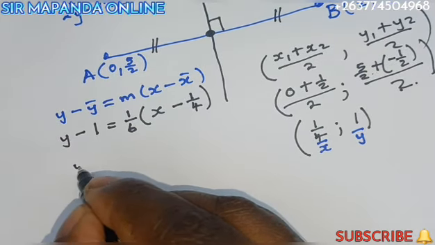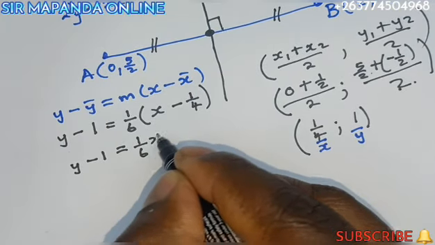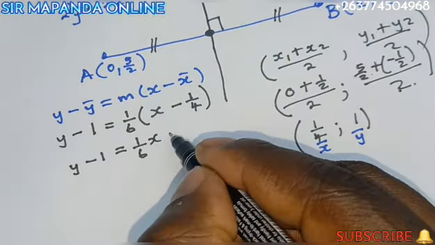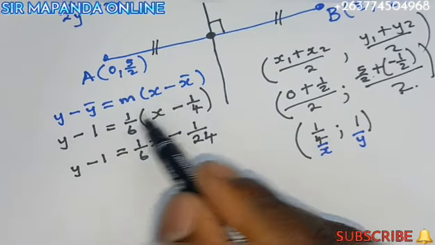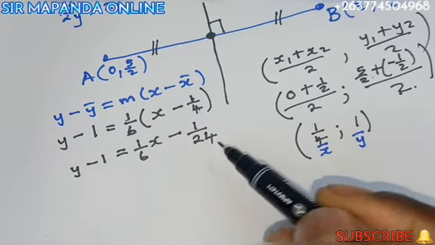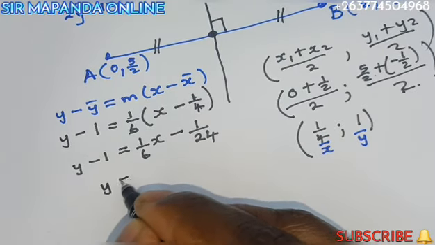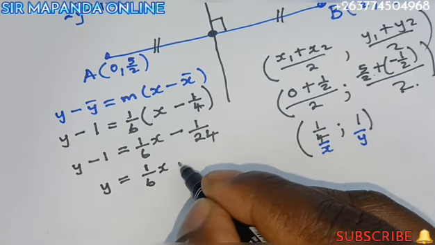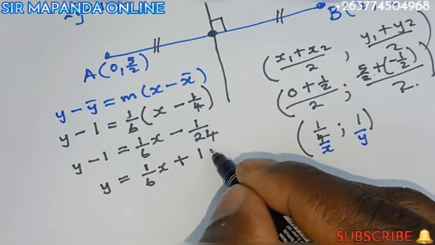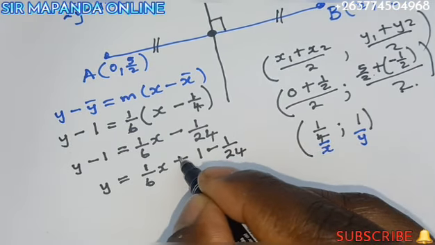Removing the bracket, you get y minus 1 is equals to 1 over 6x minus 1 over 24, because we are saying 1 times 1, you get 1, and 6 times 4, you get 24. Then making y the subject, you move 1 to the right side. y is equals to 1 over 6x plus 1 minus 1 over 24.